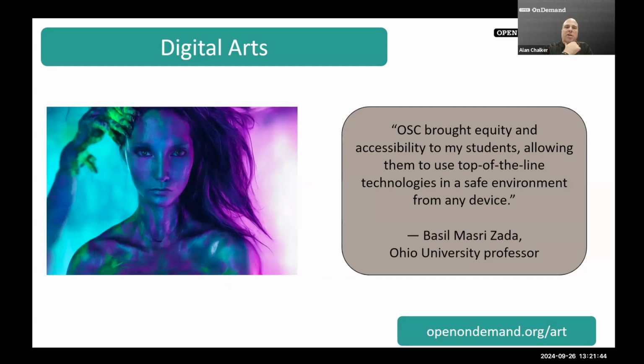Right now, as we're talking, at Ohio University in Athens, Ohio, there are students in a digital art design class who, as part of their classwork, are on their iPads with their digitizers, logging into the OSC OnDemand instance, connecting to our supercomputer, firing up Stable Diffusion, which is a generative AI app, and typing in text prompts. They hit go.